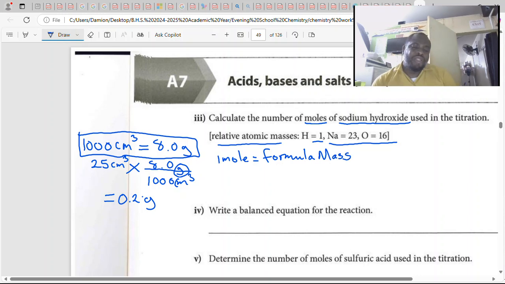And we learn this when we're doing the mass to moles and the moles to mass. So we're applying. Now again, as I wanted to point out, if you finish this question and you didn't use these, then something is wrong because it did provide them for a particular reason. They know that you would have needed them.